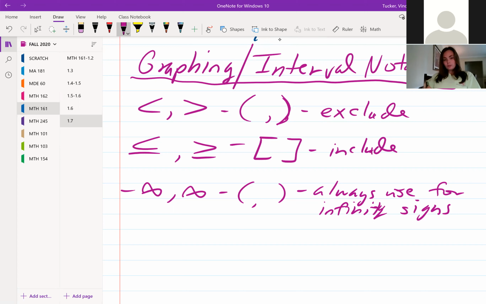So before we go into using those, I want to make sure we understand what I mean by exclude and include. So we go back to the 2.